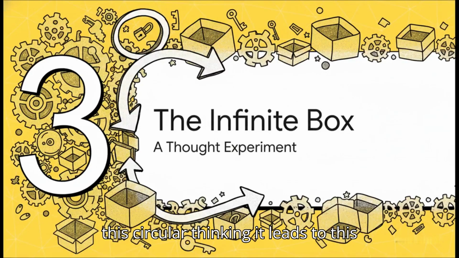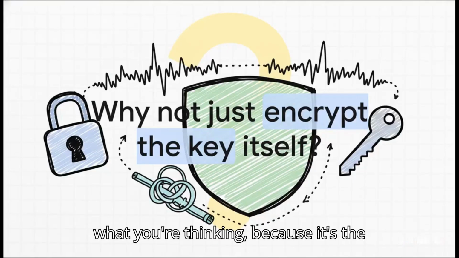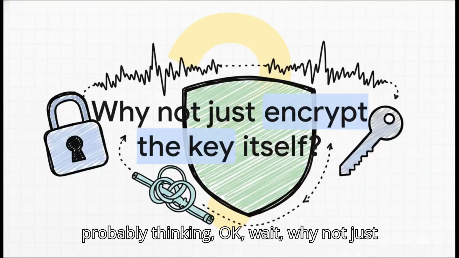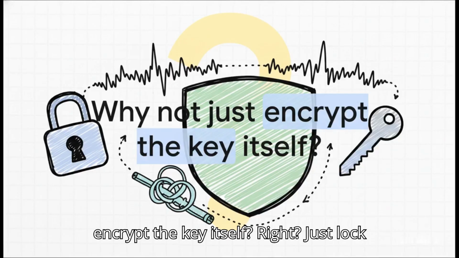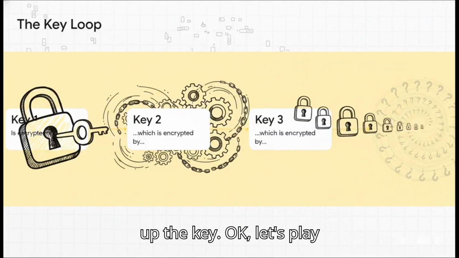So this circular thinking leads to this other really cool way to visualize the problem. Think of it like an infinite box. Now, I bet I know what you're thinking, because it's the totally logical next step. You're probably thinking, okay, wait, why not just encrypt the key itself, right? Just lock up the key. Okay, let's play that out.